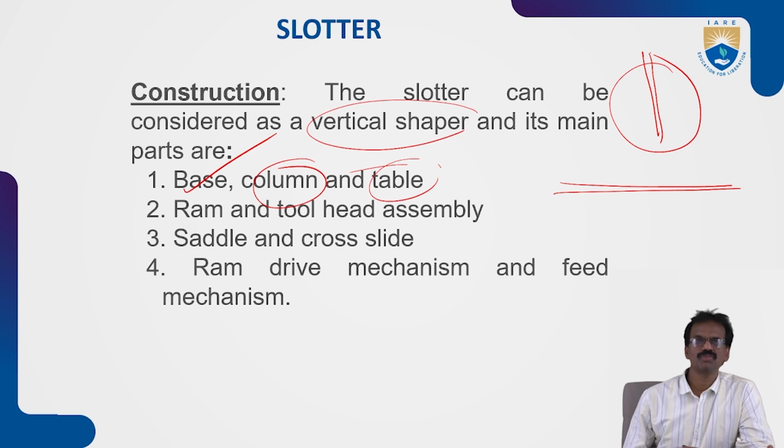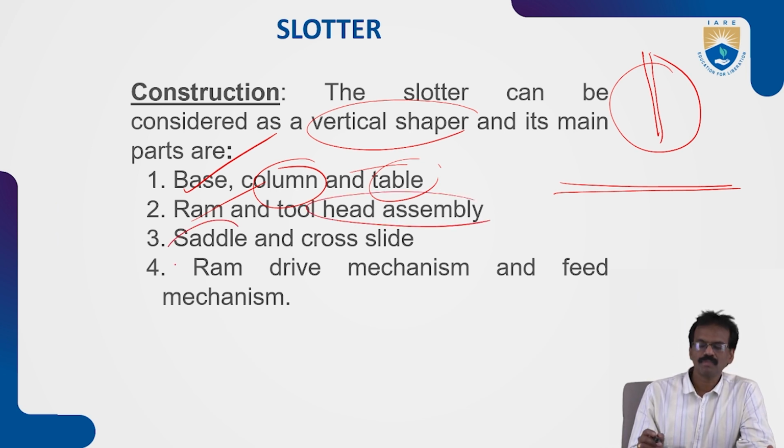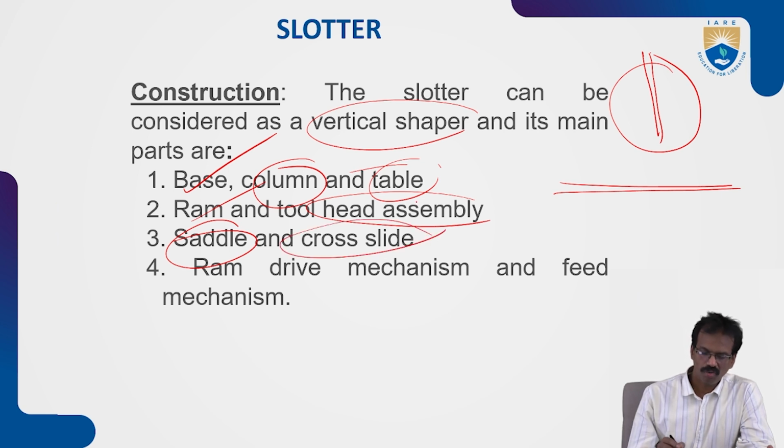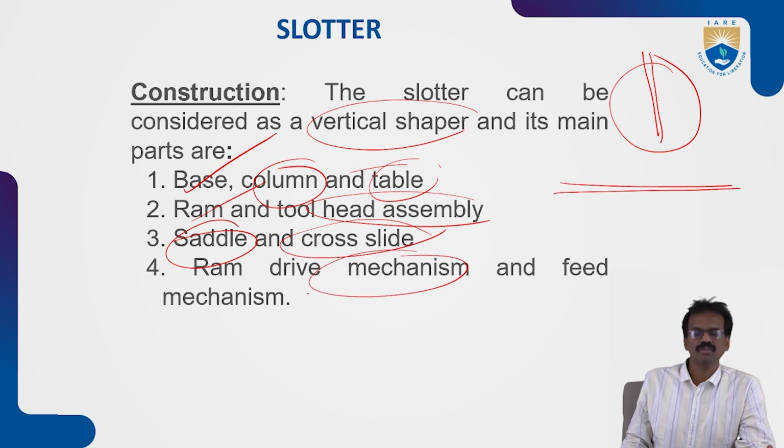Then the table, which is very important, a rotary table, and the ram movement at the end face of the column, and a tool head assembly to fix the tool bit. The saddle provides the longitudinal movement of the table or workpiece, and the cross slide provides the cross movement of the workpiece.